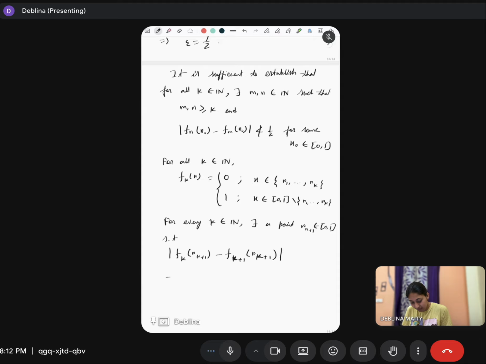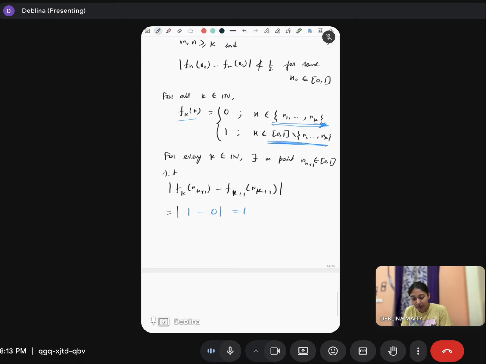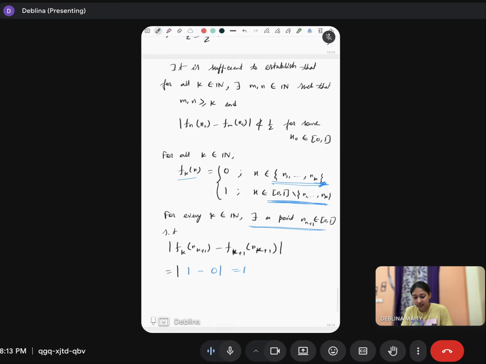What is this number? Now fk(R(k+1)) is what? This is our fk function, right? Now R(k+1) does not belong to here, it belongs to here. So its value is 1. Now f(k+1)(R(k+1)): for f(k+1), R(k+1) will be in this set, right? In this set. So then it will be 0. So this value is actually 1. So for every k we have found a point. This is our x naught.